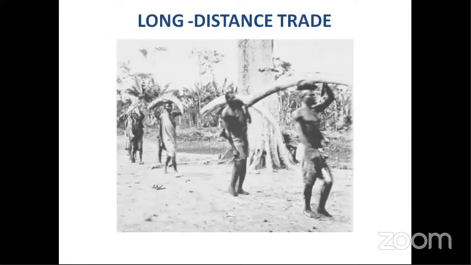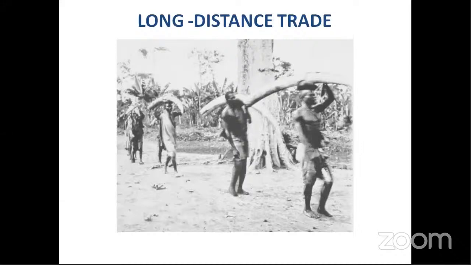Now, this picture you see here is of people from the interior of East Africa carrying ivory to the coast. And that is how they did the trade. These people could carry the ivory to the coast. And you know what happened, which is funny?